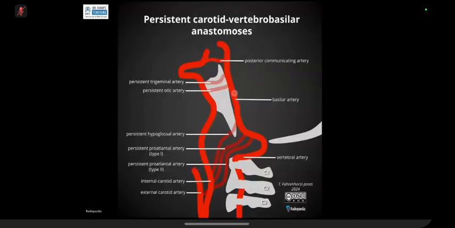Again from Radiopaedia, this is the diagram. This is what our case was, persistent trigeminal artery. So for our case, let me stop share and go back to the case.